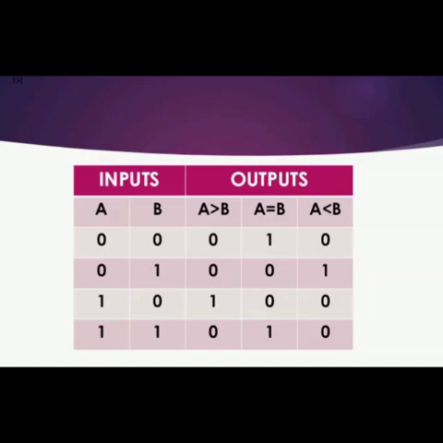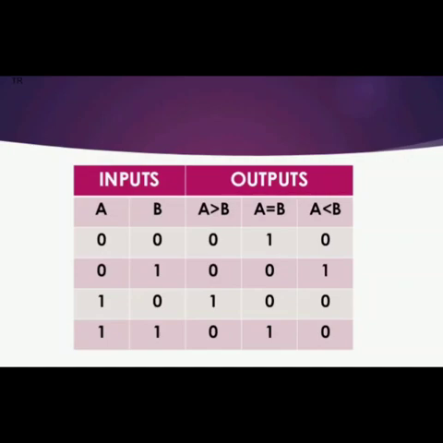When we are comparing 0 and 1, A is less than B. When we are comparing 1 and 0, we get A greater than B. And again, if we are comparing 1 and 1, then A equals B.